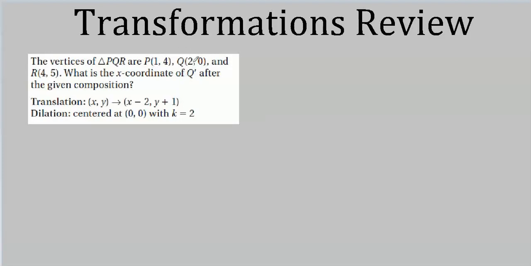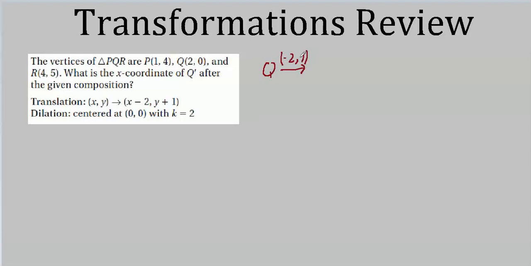Let's just take a look at Q. First we have a translation. Q under what? Minus 2, 1. That's the vector of the vector motion.